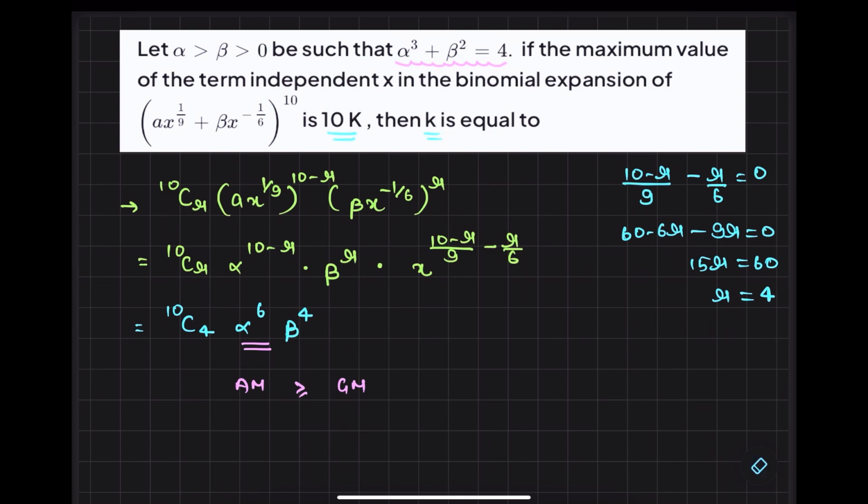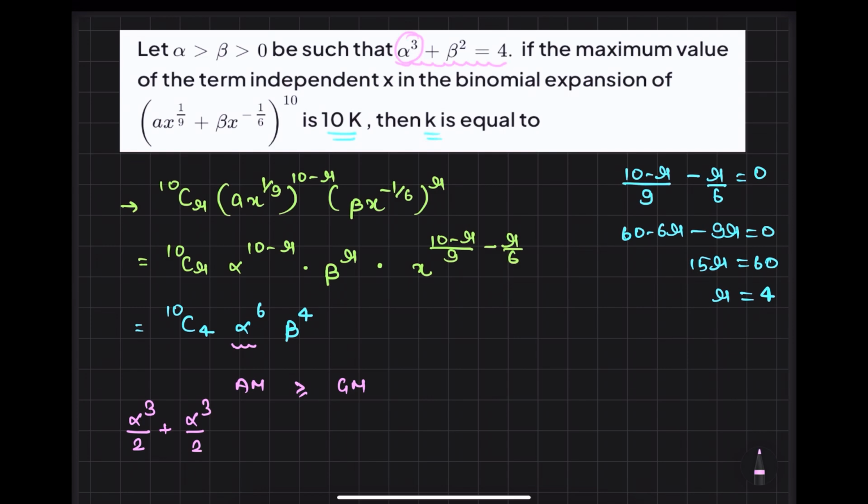Now, what I will do, look at this, we want alpha to take power 3. But here alpha is power 6. So can I convert alpha power 3 into two parts, alpha power 3 by 2, so that if you add, you still have alpha power 3.